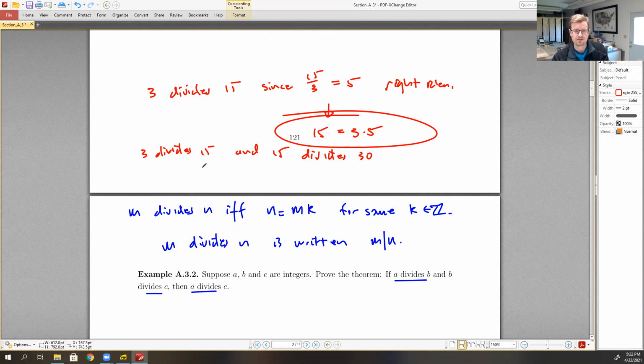So we have 3 divides 15 and 15 divides 30. Or we can think of it as 15 is 3 times 5, and 30 is 15 times 2. That's fine. And we can see pretty clearly that 3 divides 30, right? Because 30 is 3 times 10.